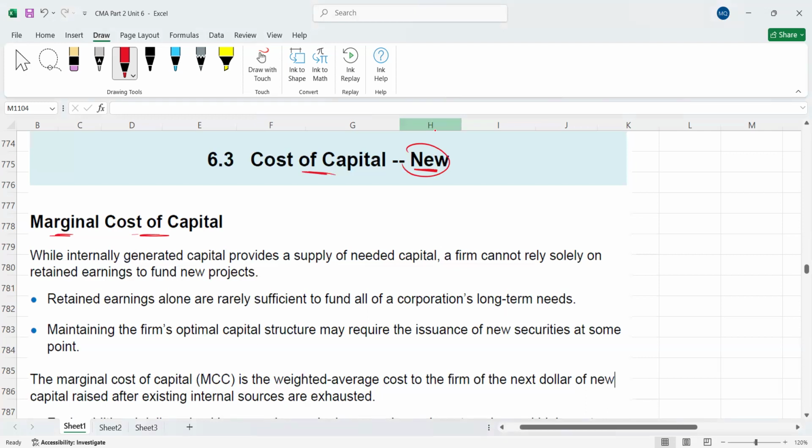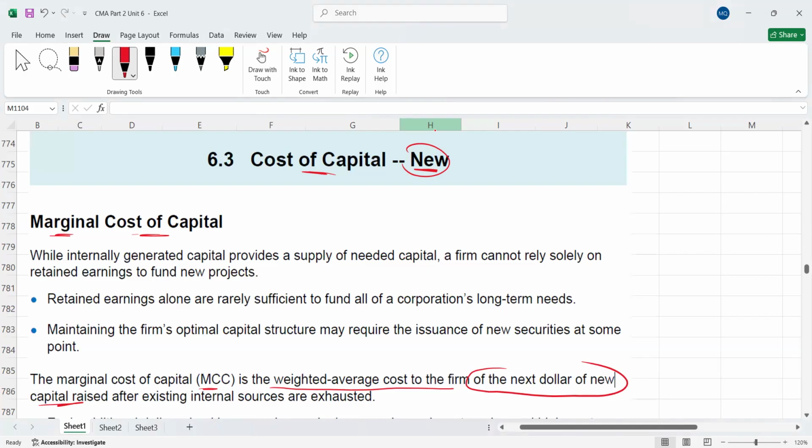The marginal cost of capital, which is MCC, is the weighted average cost to the firm of the next dollar of new capital raised. Simply, if you raise new finance, what is the weighted average cost of capital for the new finance? That is your marginal cost of capital.